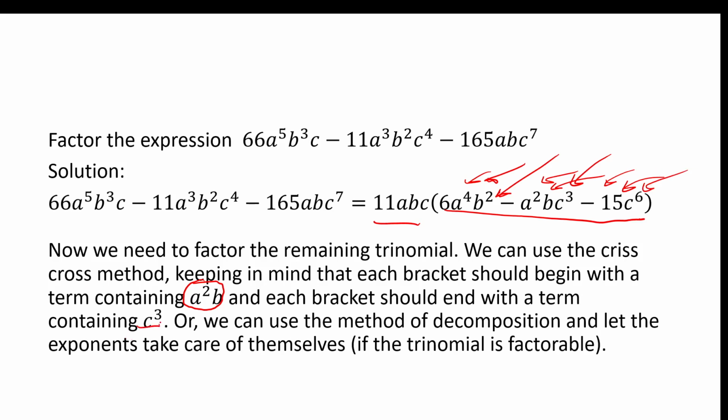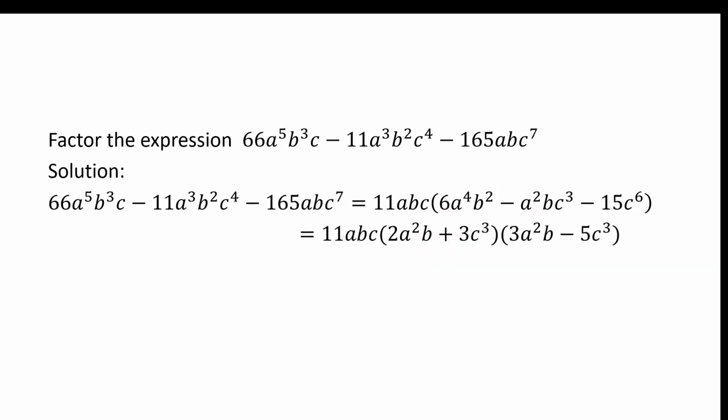Or we can simply use the method of decomposition, as we've mentioned earlier. That takes care of the exponents for us. Well, however it is that we do that, we see that we can factor this long expression into 2a squared b plus 3c cubed quantity times 3a squared b minus 5c cubed quantity.